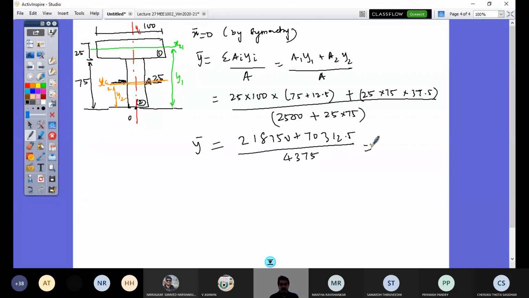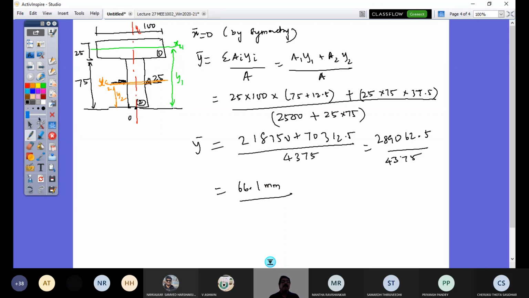So I will get 218750 plus 70312.5, which comes out to be 289062.5 by 4375. So the y bar value is 66.1 mm.